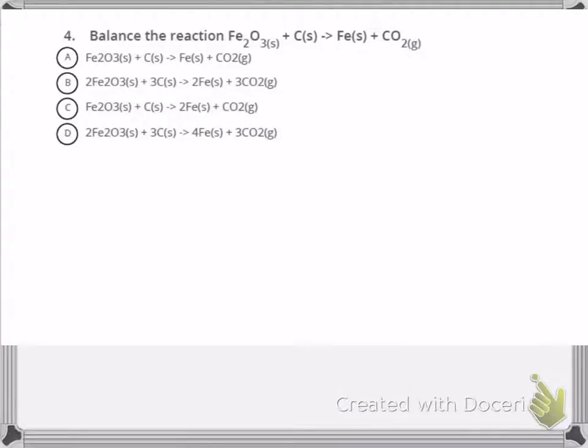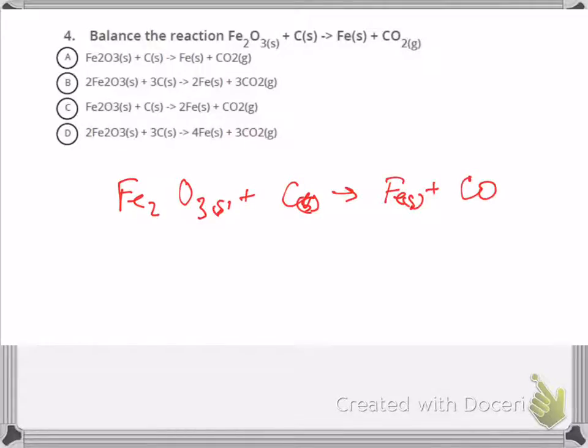So this is a quick balancing reaction, so let's just make sure you have any questions. We have a fairly complicated reactant with iron and oxygen, so we just put a 1 there. So we balance 2 irons. We need to put 3 halves here in front of CO2, so when multiplied by 2 we get 3 oxygens, which is what we have. And then we put 3 halves carbon.